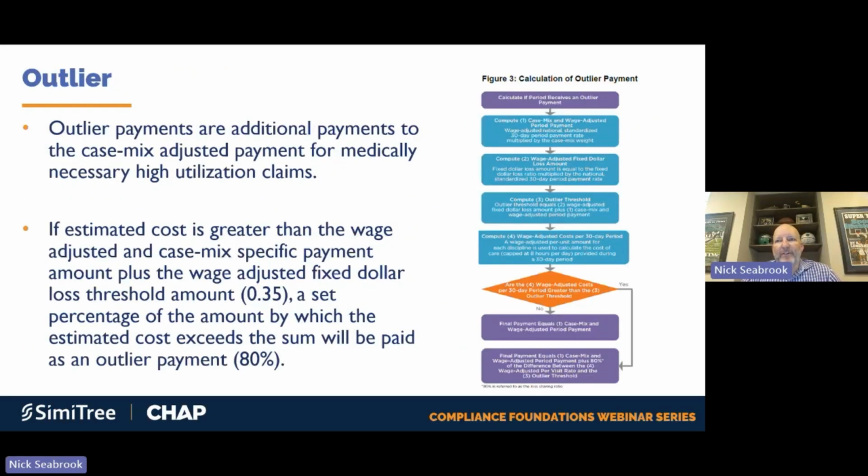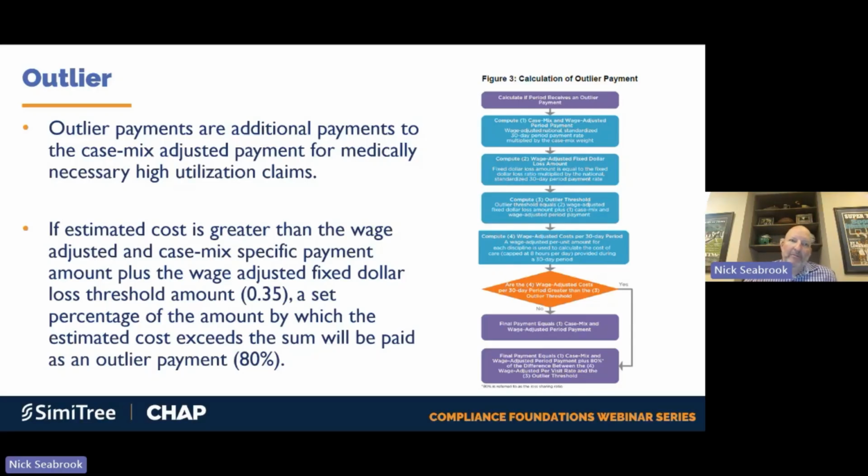The next factor we see there is the outlier. This is going to be a more complicated scenario, but this essentially is going to be for your high cost patients. So if you have a patient that you're providing many more services than what you were expected to pay, you may, in those instances, end up qualifying for an outlier payment. Again, it's a little bit of a complex formula to determine that outlier.